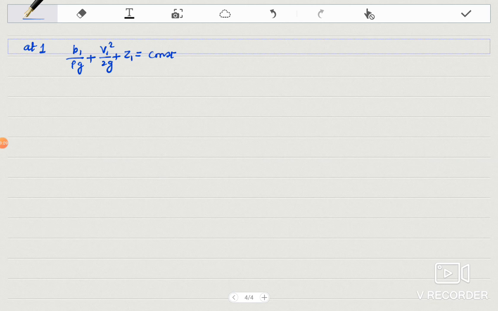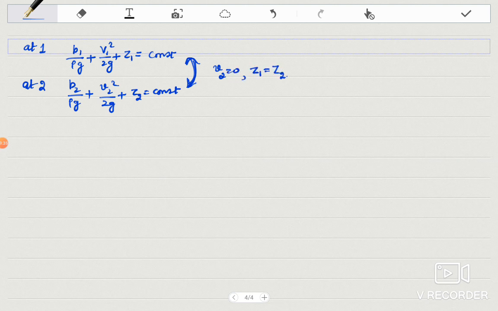At point 2: P2 upon rho g plus V2 square upon 2g plus Z2 is equal to constant. Both of these will be the same. Further, V2 will be 0 and Z1 equals Z2.